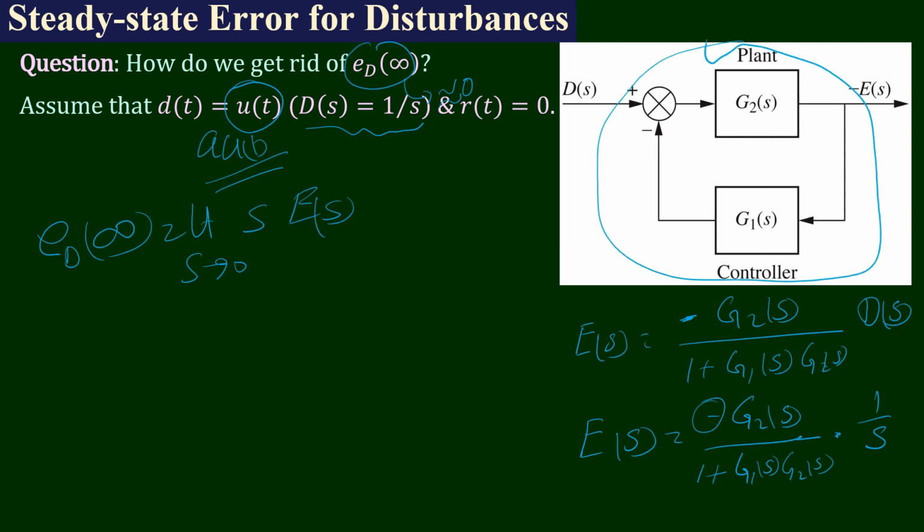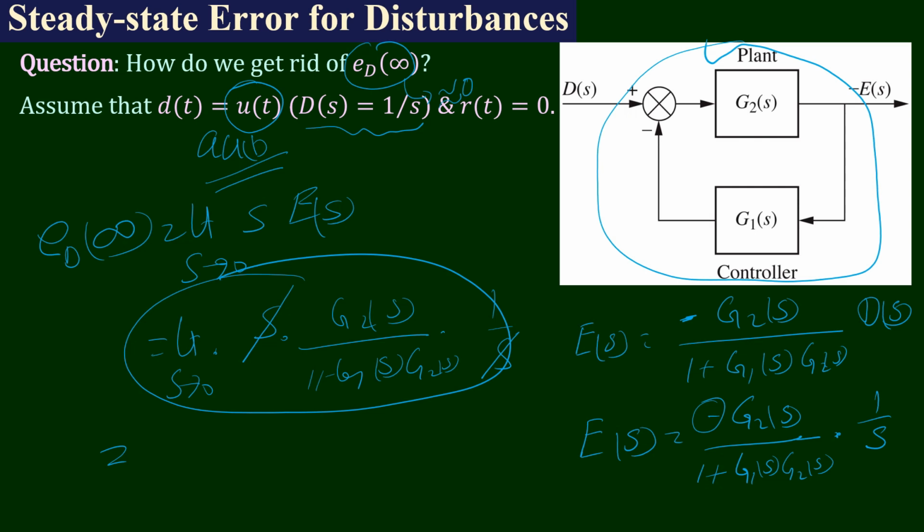So in this case it will be limit s tends to 0 of s G2s upon 1 plus G1s into G2s into 1 over s, and s will cancel with s. So if we simplify this expression, we will get 1 over limit s tends to 0 of 1 over G2 s plus limit s tends to 0 of G1s.